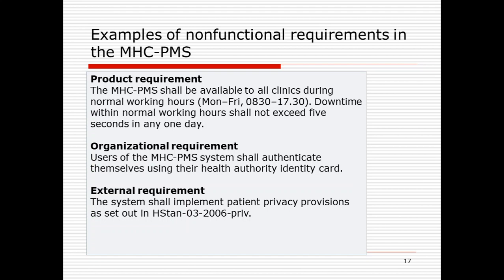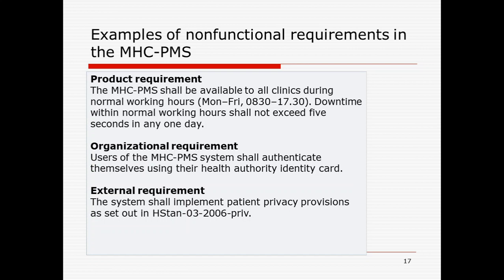Now, the organizational requirement is the way the organization wants the product to behave. Suppose this particular organization, the mental healthcare system, has health authority identity cards issued to the staff. The organization wants every staff member to be identified by the health authority identity card. That becomes the constraint from the organizational side, so that is the organizational requirement.